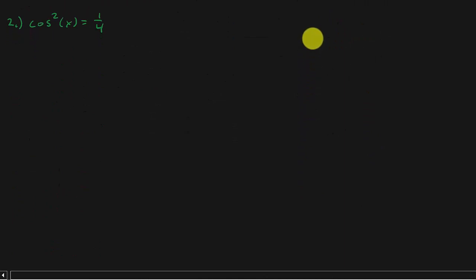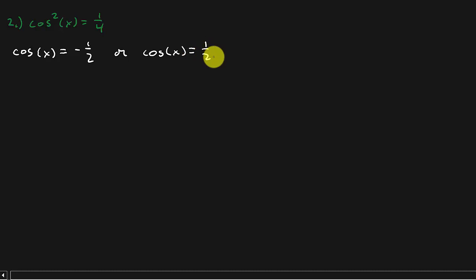All right, so we've got cosine squared x equals 1/4. So once again, we've got the square root property. So that's going to be cosine x is equal to plus or minus the square root of 1/4. So that's cosine x equals negative 1/2, or cosine x equals positive 1/2.